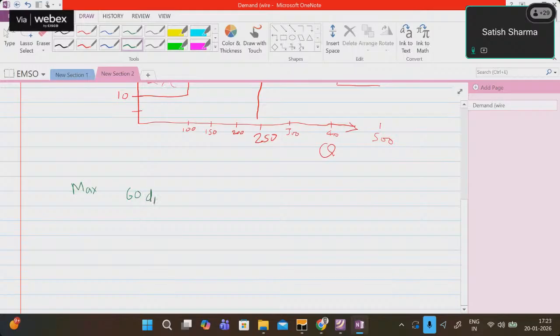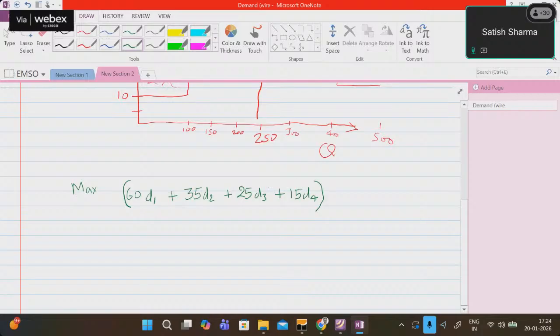I don't know what the scheduled demand will be, how much quantity will be scheduled. Then plus the second term, 35 demand 2, plus 25 demand 3, plus 15 demand 4. This is the utility of the demand.